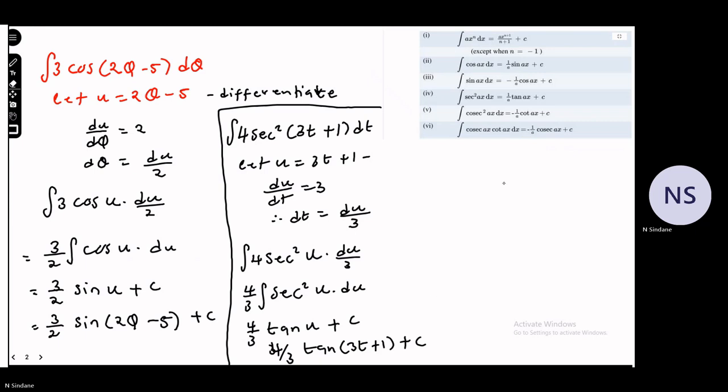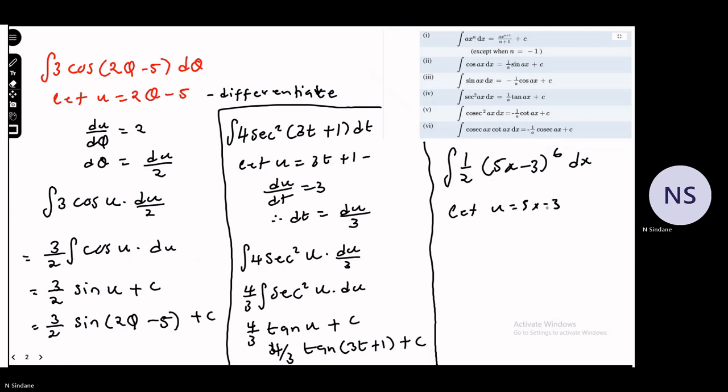We need to integrate the integral of 1 over 2 times 5x minus 3 to the power 6 dx. And then integrating this, I'm going to take this linear out. Let u be 5x minus 3.